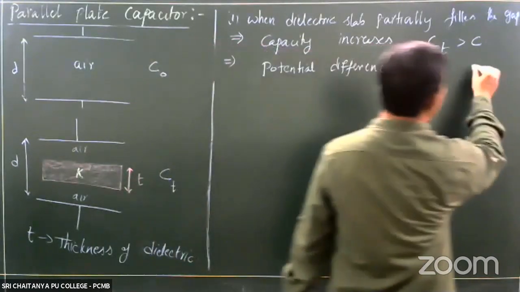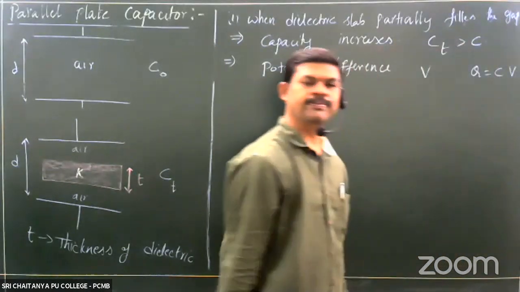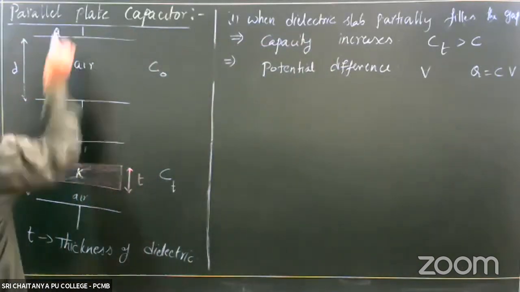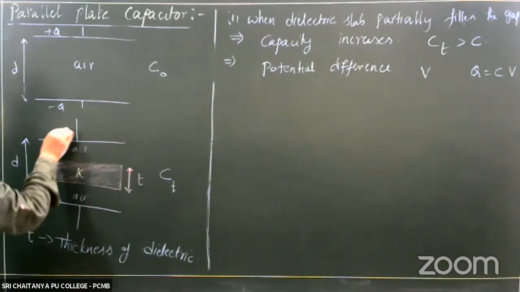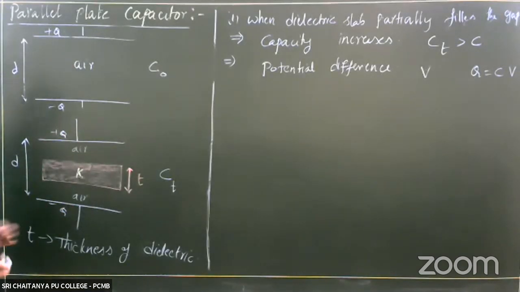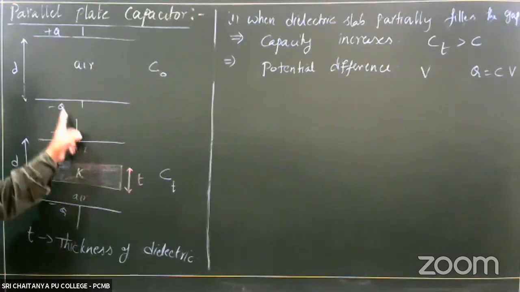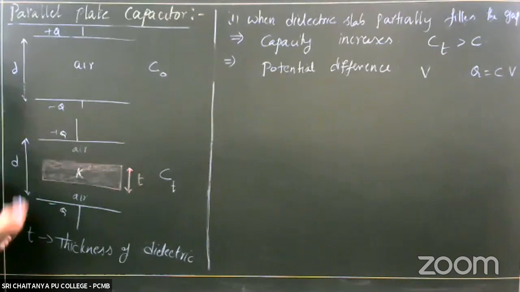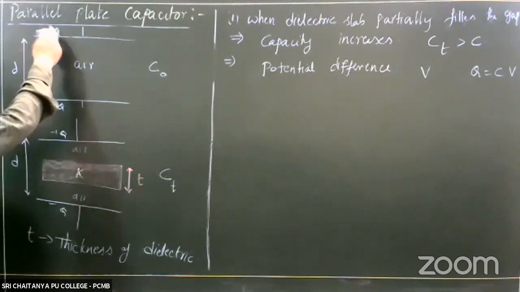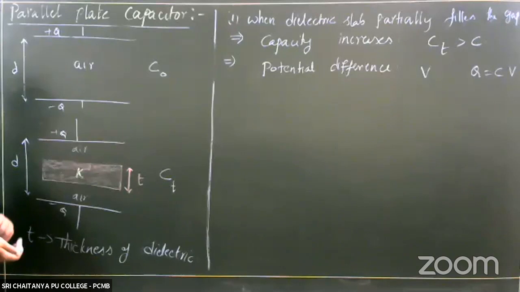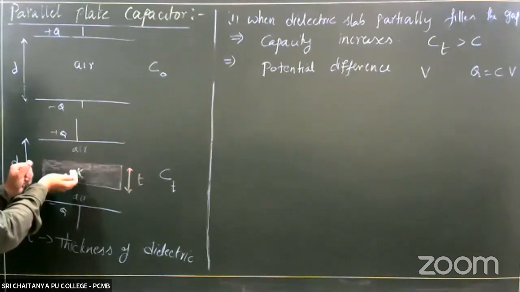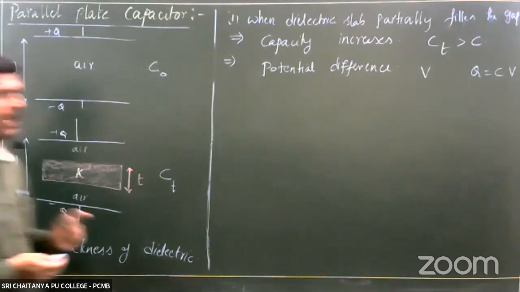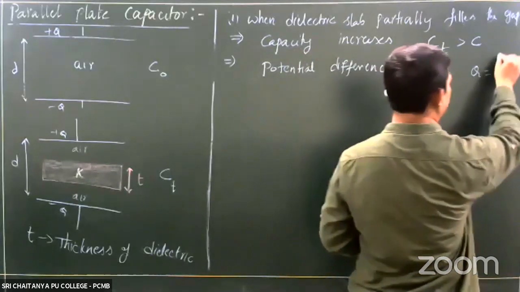See, we have a formula. Q is equal to CV. Right? Here the charge on this plate is plus Q, here minus Q. Charge is not changing in both cases, because there is no connection to a battery to take the charge. Once charged with something, that charge remains on the plates. When this is introduced, charge remains the same, but capacity is increased.